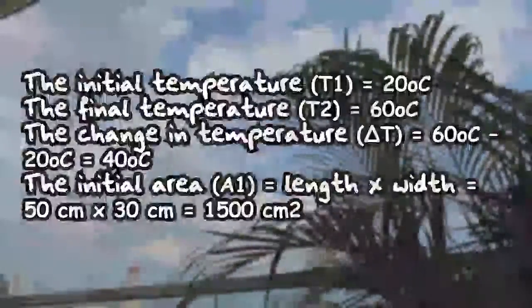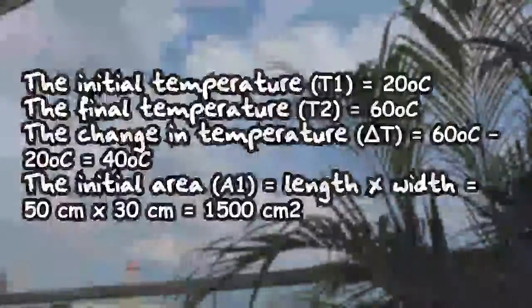By analyzing this problem, we know that the initial temperature is 20 degrees Celsius. The final temperature is 60 degrees Celsius. If we subtract the initial temperature from the final temperature, 40 degrees Celsius would be our change in temperature.